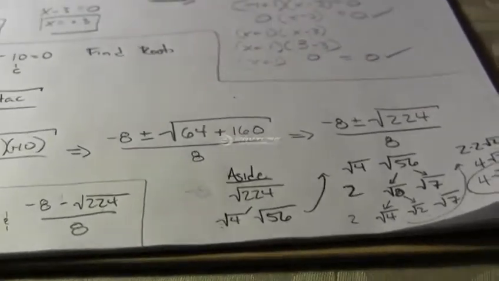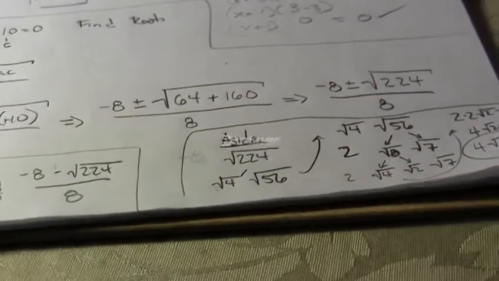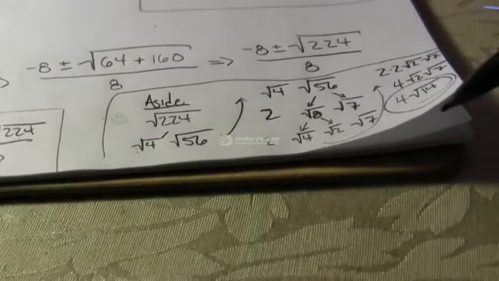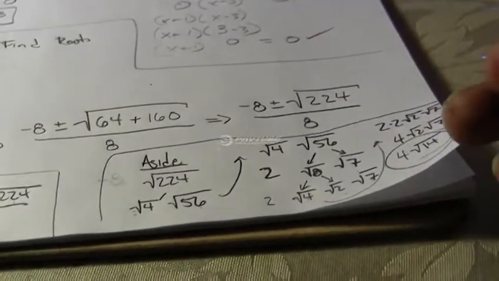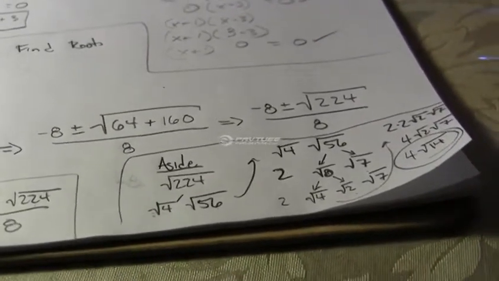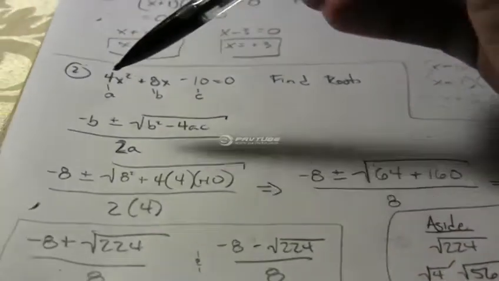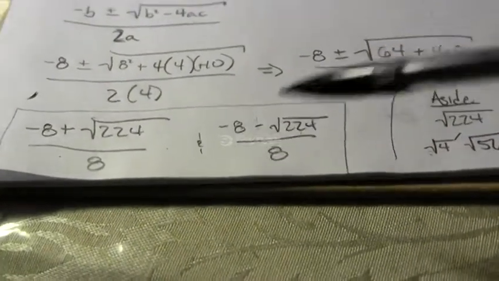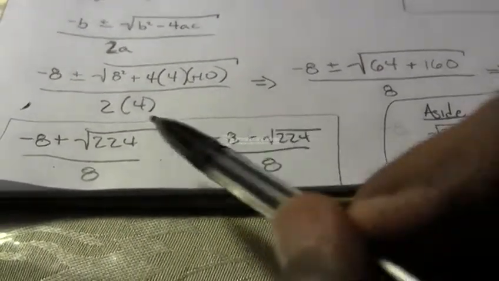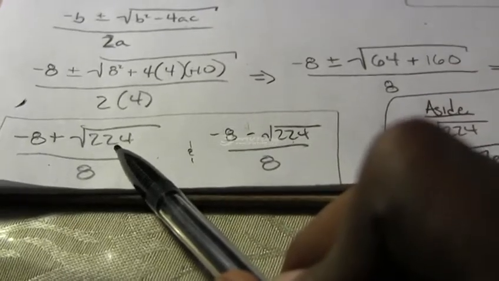So, like I said, this could just be a whole aside that's not important. But if it is something you've gone over, then you're going to want to practice that. Just because with multiple choice, a lot of times they'll steer you into wrong directions. If you do all this work with the quadratic equation and you get to this point right here and you're looking for your answer, if your teacher wants you to reduce it, you're not going to find root 224 there. They're not going to put it.